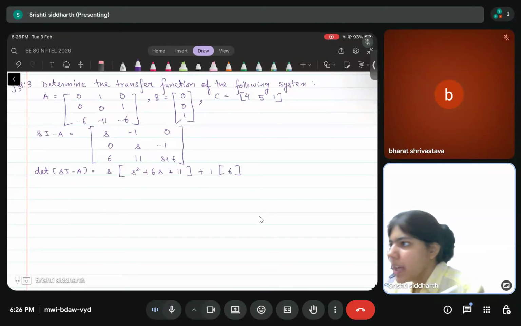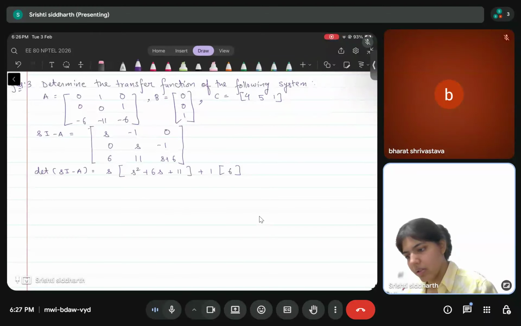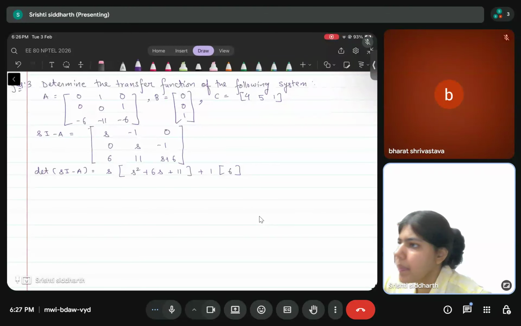Is it -6 or plus 6? Let me know if it's incorrect. I have s cubed plus 6s squared plus 11s plus 6.